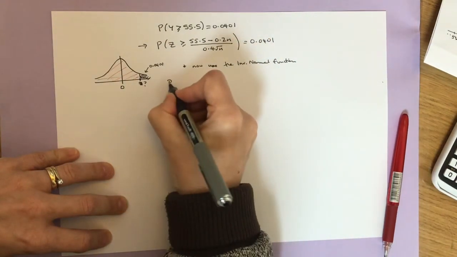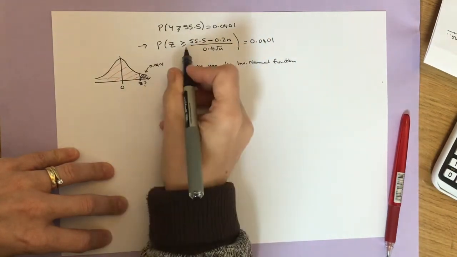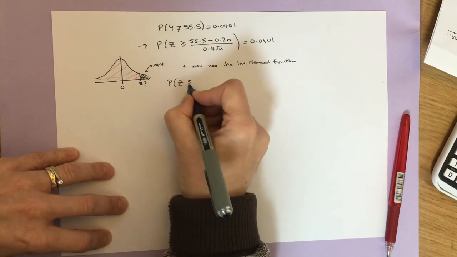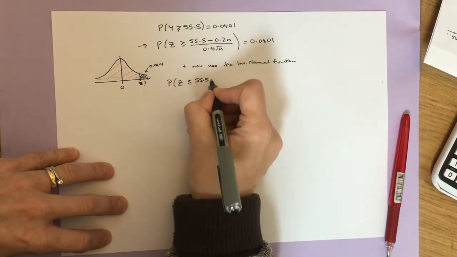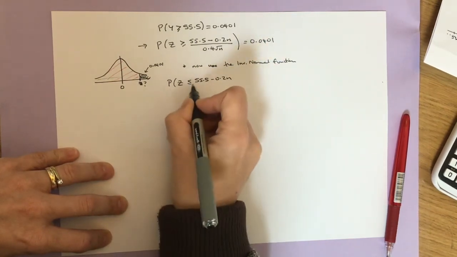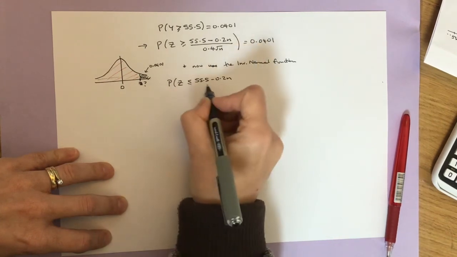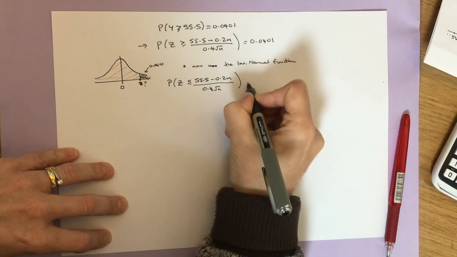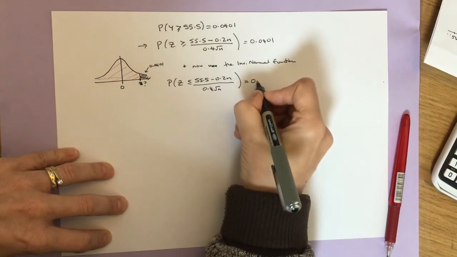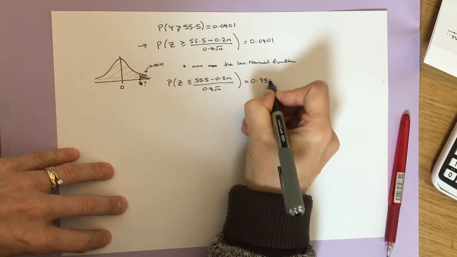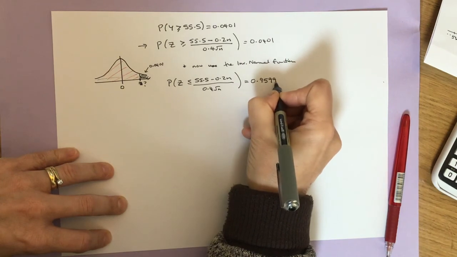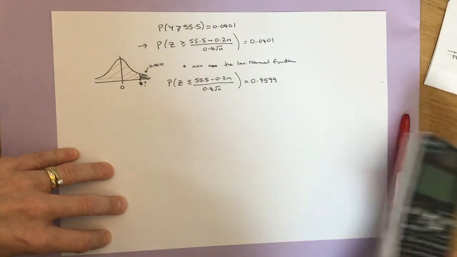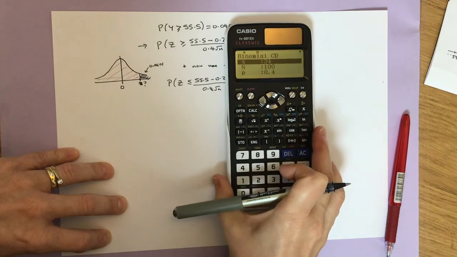Okay, so let's just do that. Make it a less than or equal to rather than a greater than. And don't forget, because it's continuous, whether I do less than there or less than or equal to makes absolutely no difference. So that's going to be 1 minus this, which is 0.9599. Let's then do our inverse normal function on our calculator, a reminder of where that is.